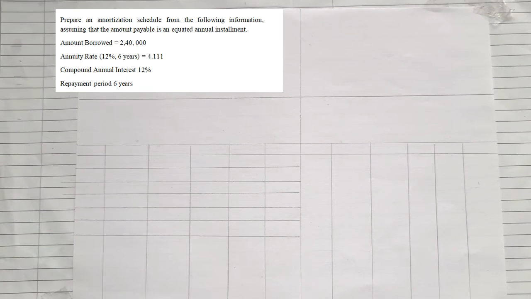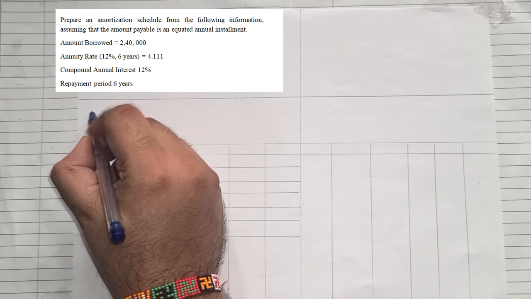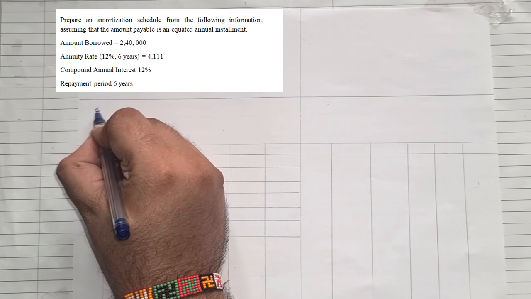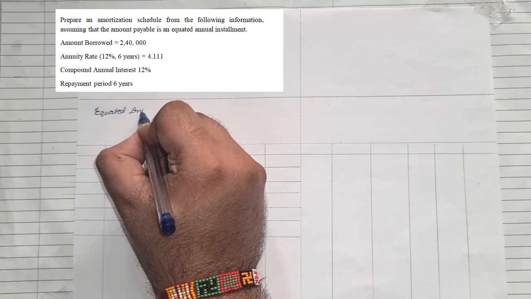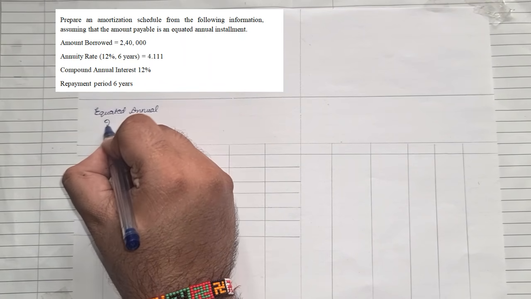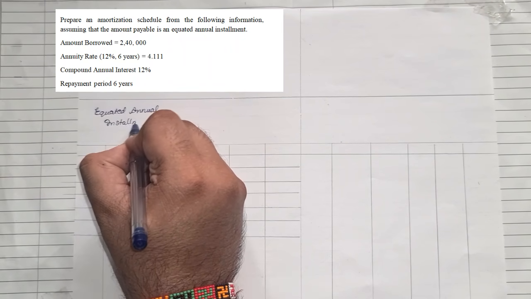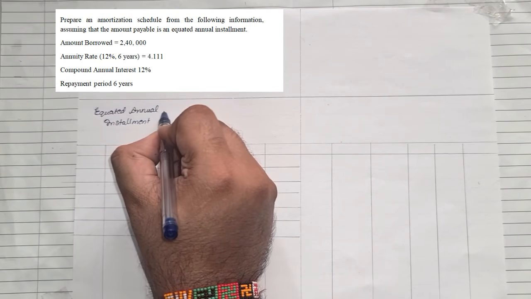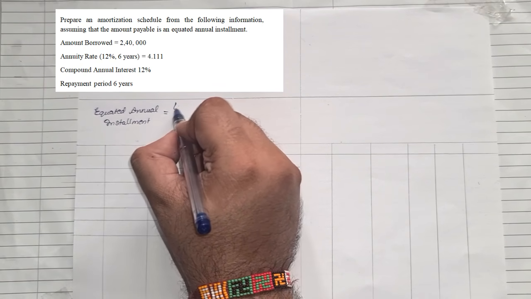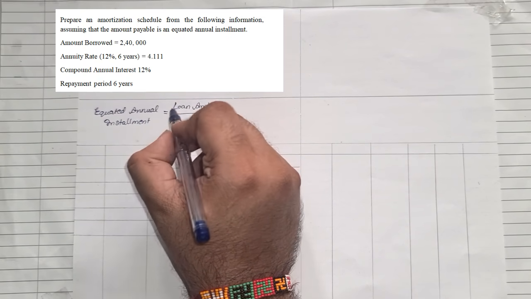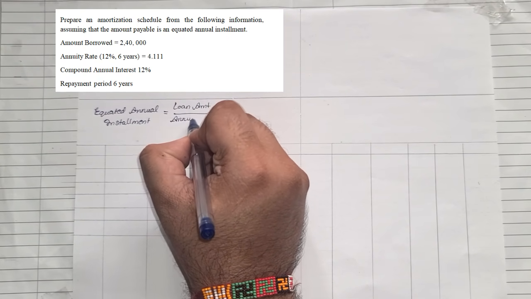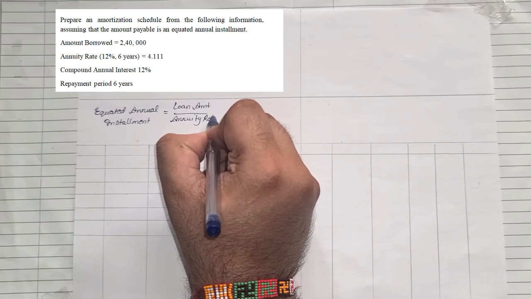Now to find equated annual installment, we have to first use one formula. I write it here: equated annual installment is equal to the loan amount upon the annuity rate.